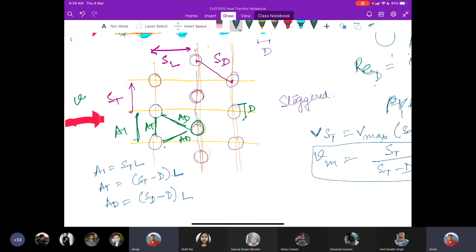These three things you can control for this arrangement.